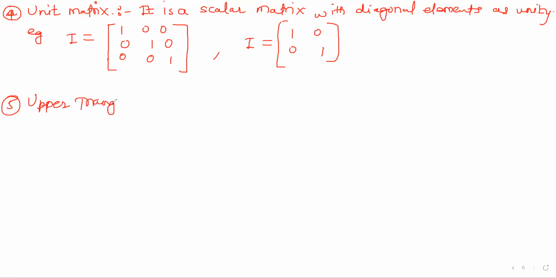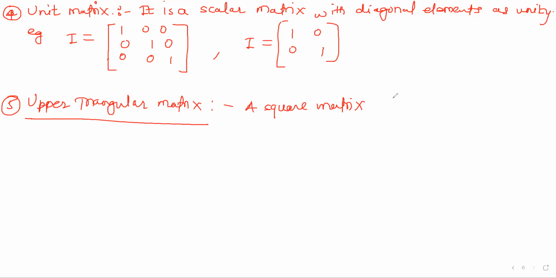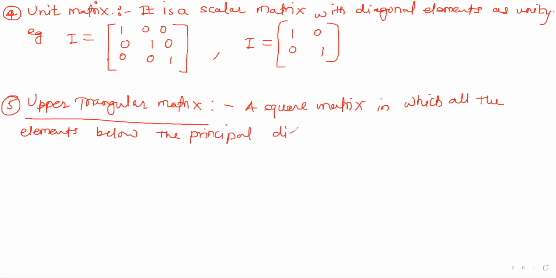Upper triangular matrix: a square matrix in which all the elements below the principal diagonal are 0, right?